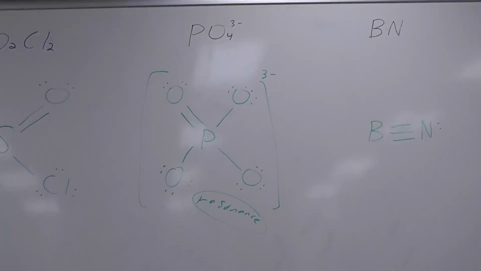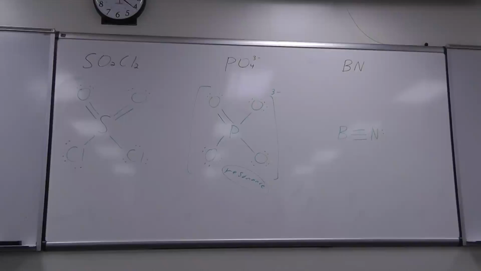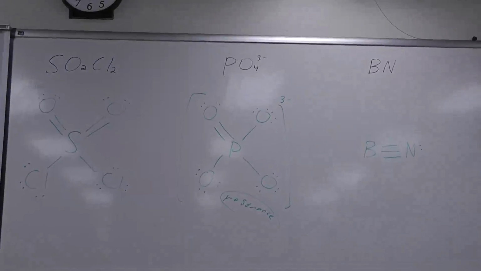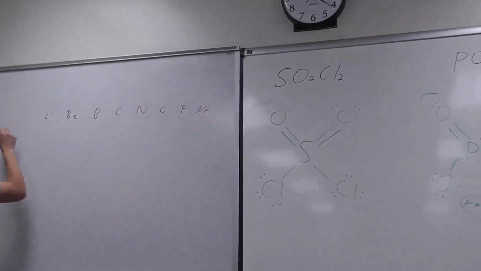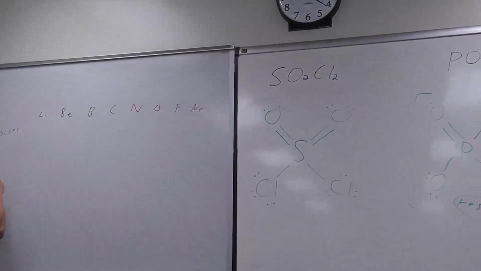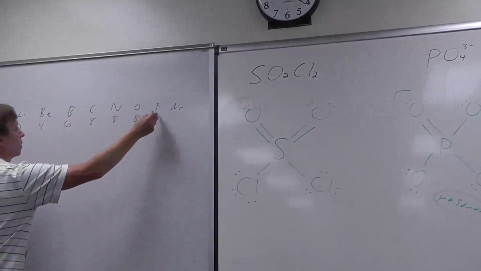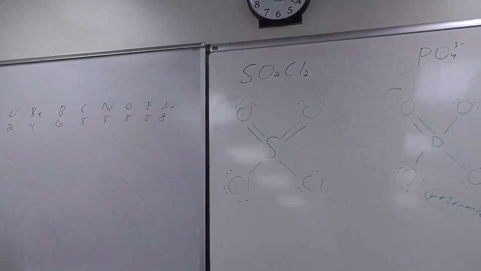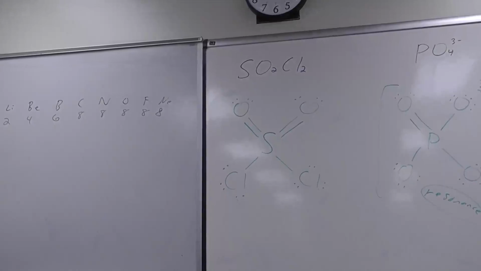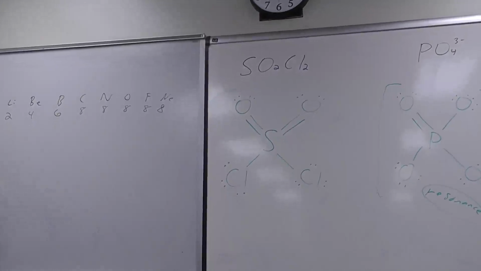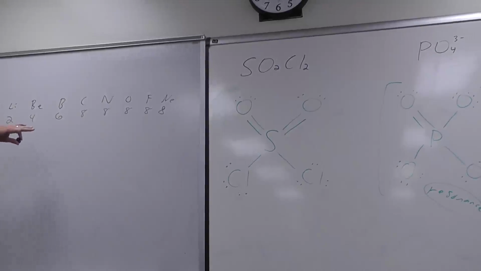The pattern, if we go back to that chart that we had, and as far as the octets, the amount they want to have, it was 2, 4, 6, 8, and it stayed 8. And as far as what their absolute maximum would be, for these elements, it's still that.